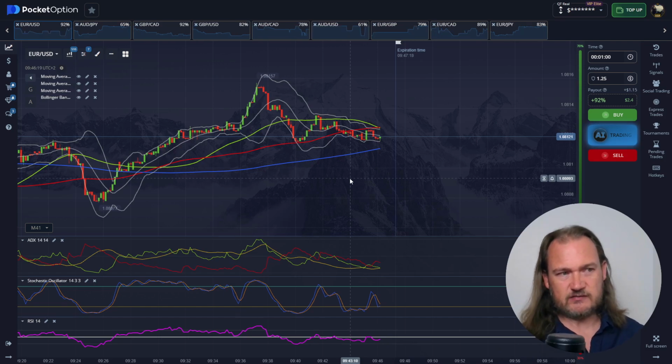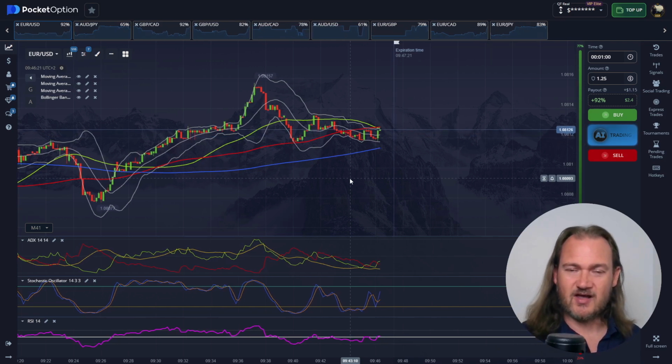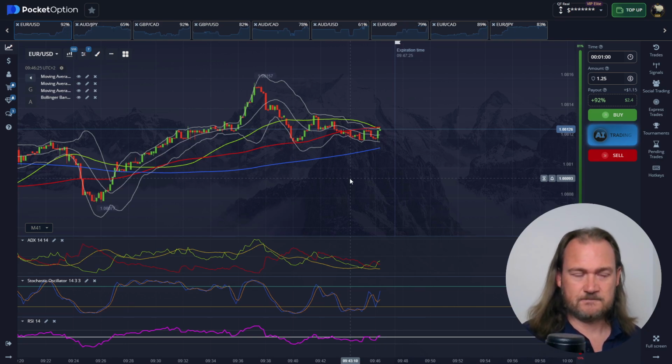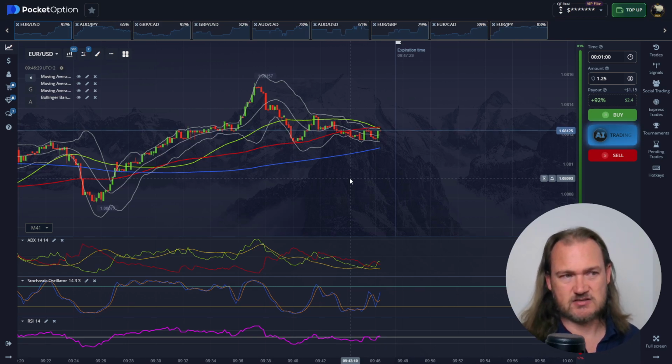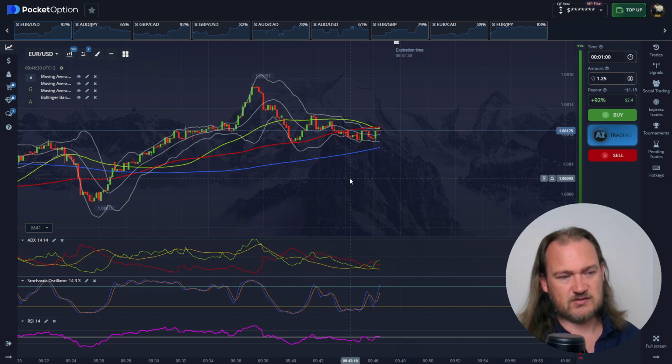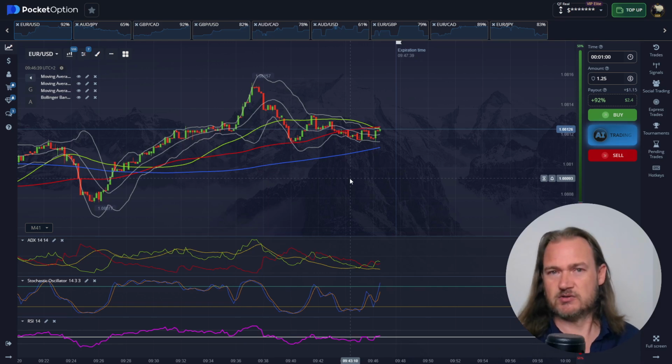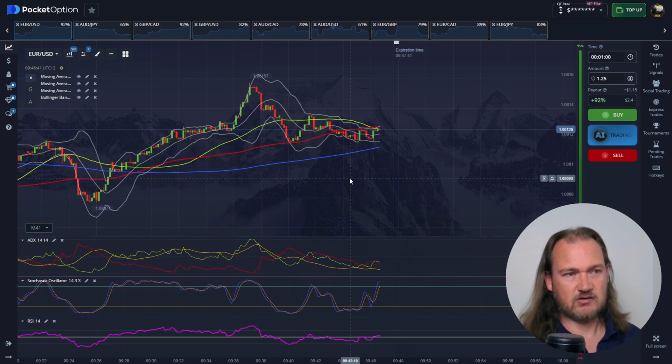So trying to identify areas where you are likely to get trade entries is fine, as long as we stay within the parameters of our strategies. Right? So we're not gonna predict the movement. We're not gonna take any trades ever based on what we think price will do. We're only gonna take entries based on what our strategies tell us.